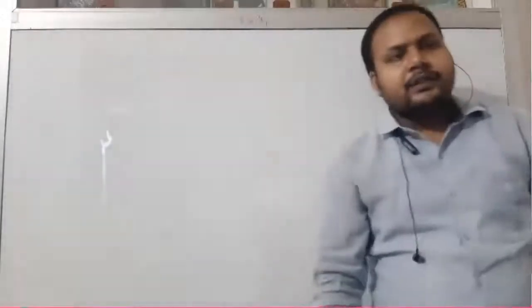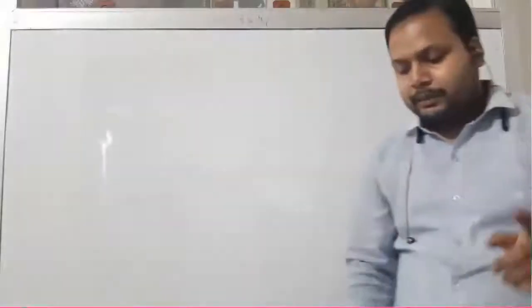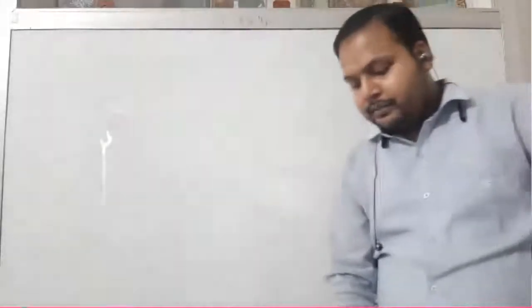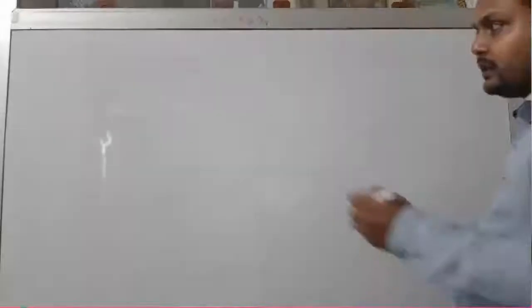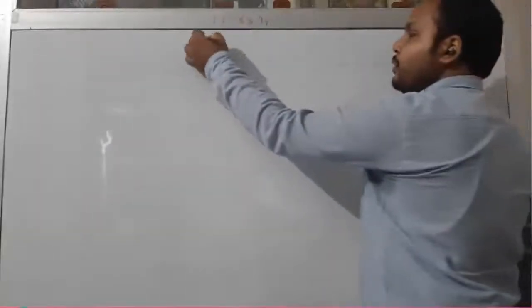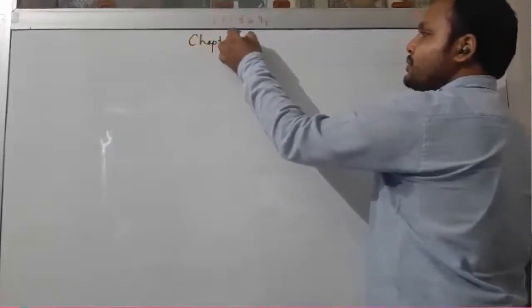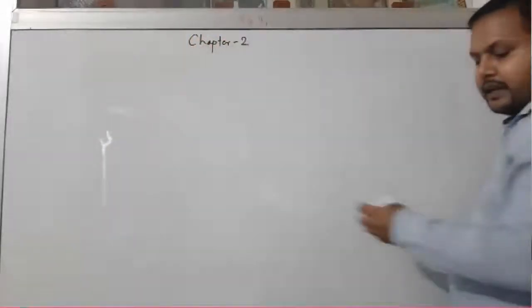So after discussing our first chapter, that is not for profit organization, let's move to chapter number 2, that is accounting for partnership firm, basic fundamentals. So some of the important theory, please note down in your copy.